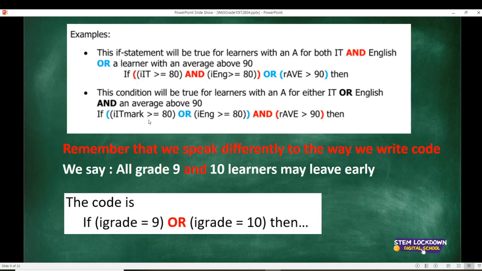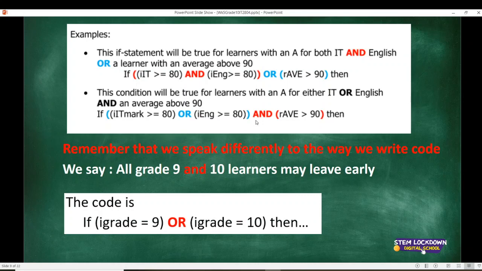So they can have an IT mark of 80 or more and an average over 90, or an English mark of 80 or more and an average over 90. So the brackets are also going to change the meaning of the if statement. Here we've put the same stuff in, but because of where we've swapped the ands and the ors and where we've put the brackets, it is going to change what we're looking for.